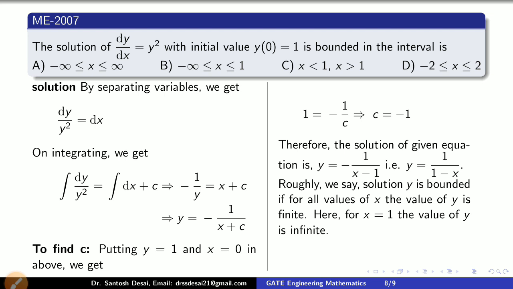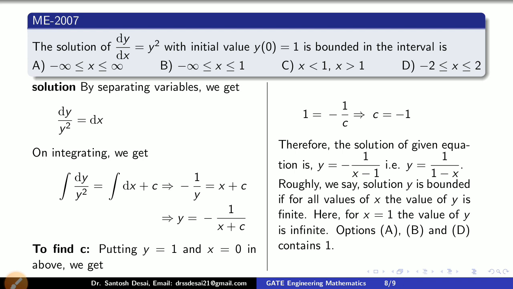Now here for x is equal to 1, the value of y becomes infinite. So if you substitute x is equal to 1 in the above solution, you will get y is equal to infinity, and the solution is not bounded. So therefore, we have to select such an interval which does not contain 1.